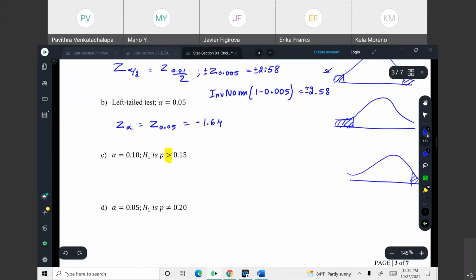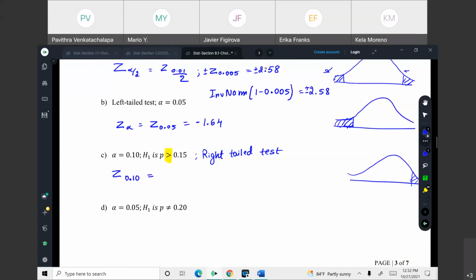So option C is a right tail test. You will find Z alpha, that is Z 0.10, equal to what? Just use inverse norm and find the area. If it is on the right side, you have to subtract it from 1.